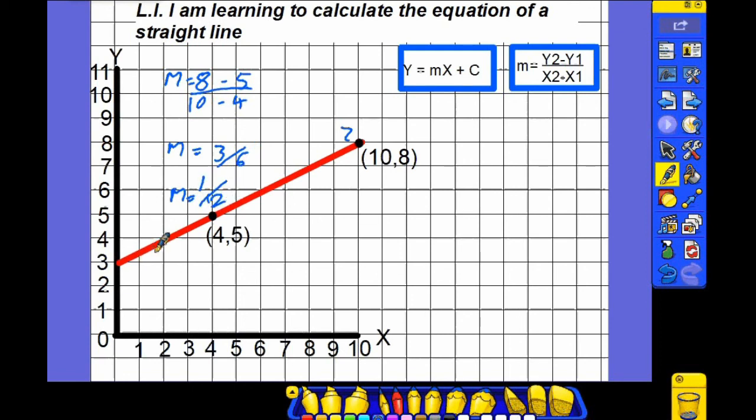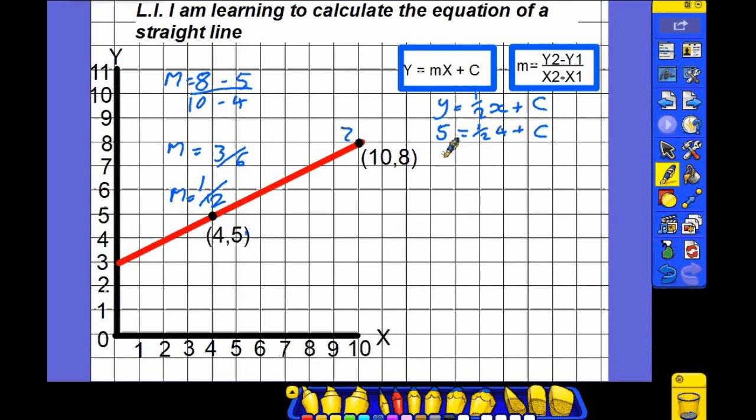So in this case, our gradient is going up half a box on the y-axis for every one it goes along on the x-axis. So it's going up at a shallow gradient. So we know that y equals a half x plus c. We now need to work out what c is. We're going to do that by plugging in an x and a y value. So y here is 5. x here is 4.